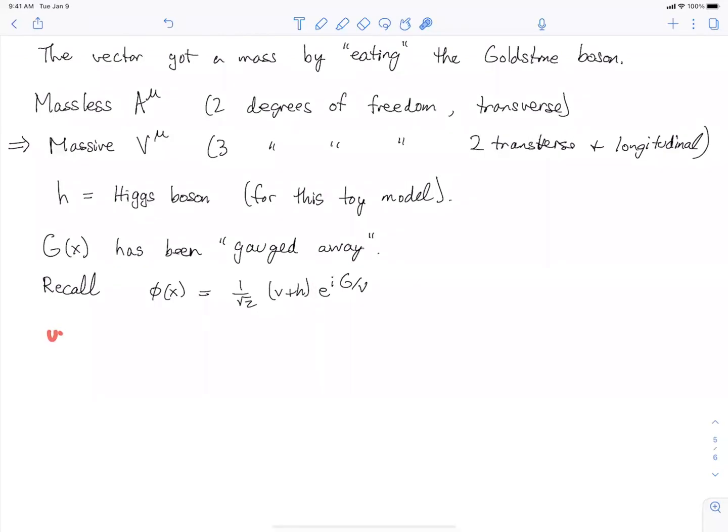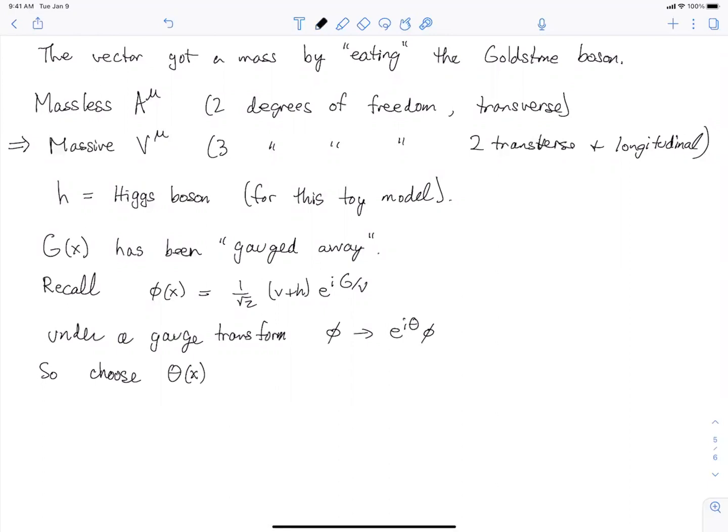So under a gauge transformation, you can take phi goes to e to the i theta times phi and use that freedom to choose theta of x. Since it depends on position, you can just choose it to be equal to minus the field G of x divided by v.